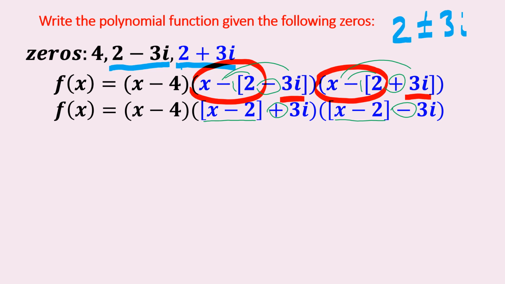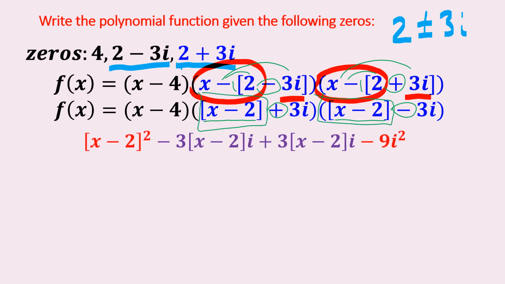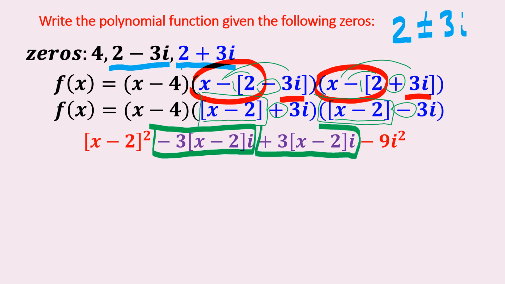Next up, let's FOIL those two parentheses. When we FOIL these first ones, x minus 2 times itself, I'm just going to write it as x minus 2 squared. In the middle, just like the last two problems, we have two things that are opposite. Here we have a minus 3 times x minus 2 times i, and then it's followed by the same exact thing with a plus sign, which is great because we can just eliminate those two.